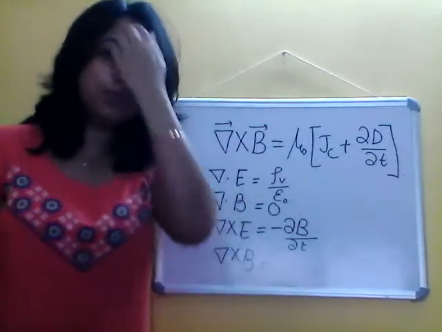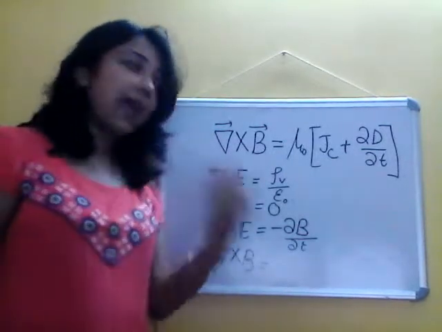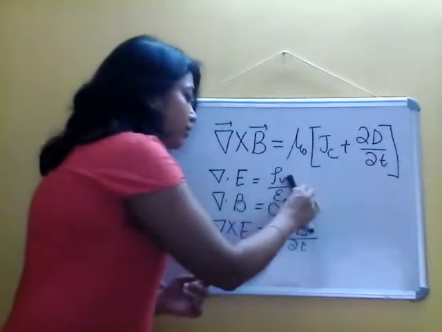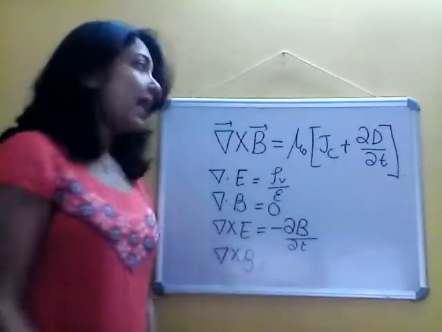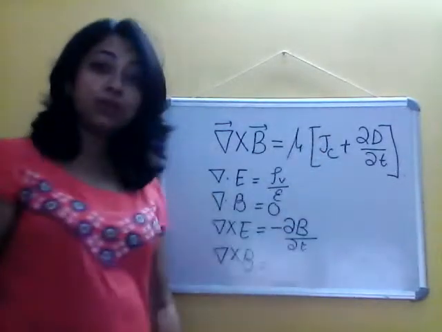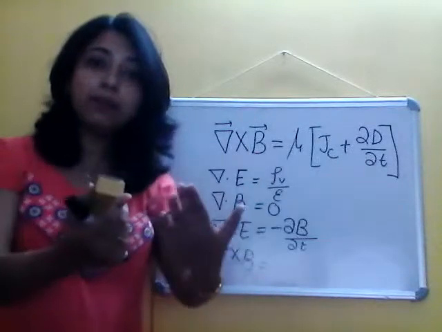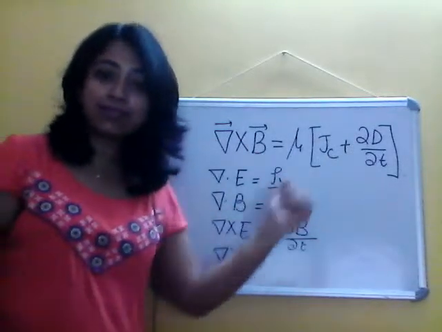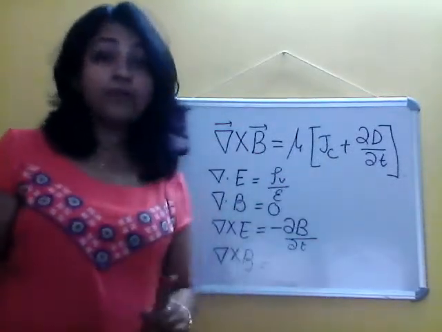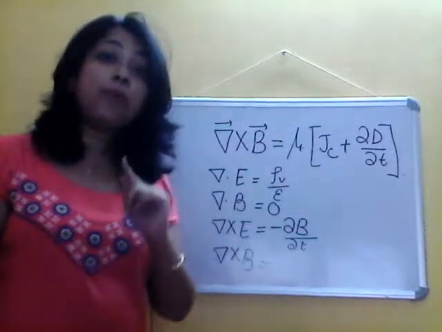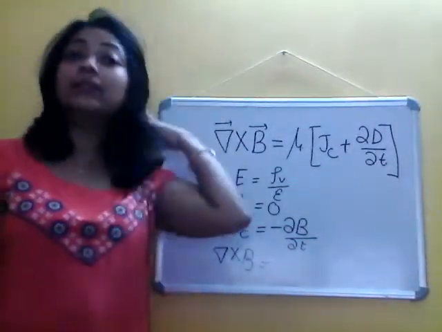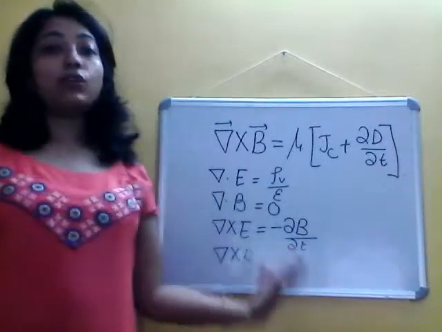All you have to do is write epsilon instead of epsilon 0, and mu instead of mu 0, because the entire thing is now in a medium of these constants. Fine.